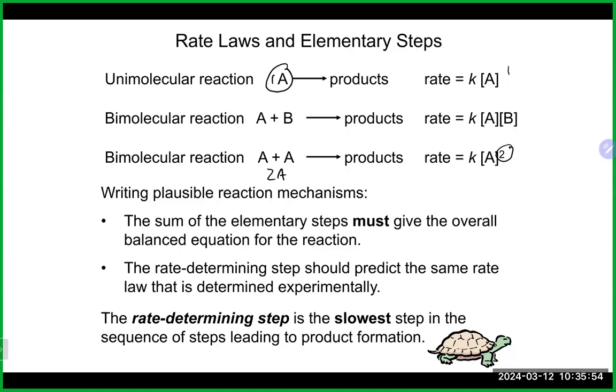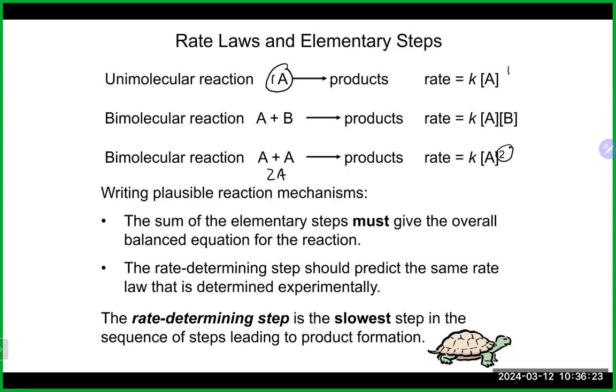The first thing is, when you add up all the steps for the mechanism, it needs to equal the overall reaction that you're looking for. So you'll have an overall reaction that you're trying to figure out, is this a good mechanism for it? When you add up all the elementary steps, it obviously needs to equal that equation or reaction. If it doesn't, then obviously it's not a good mechanism. If you do add up all the steps and it does equal the reaction that you're looking for, then it's a good mechanism so far.